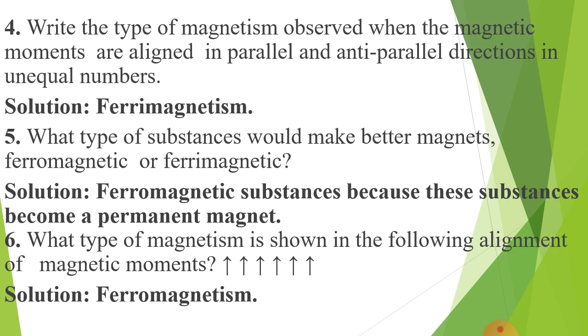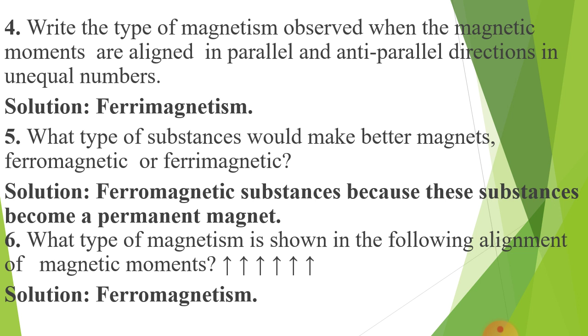Question number 4. Write the type of magnetism observed when magnetic moments are aligned in parallel and anti-parallel direction in unequal number. Here the domains are unequal in number. That's why it indicates ferrimagnetism.